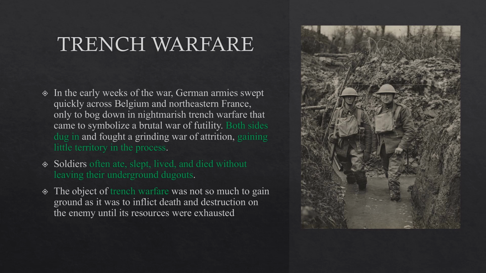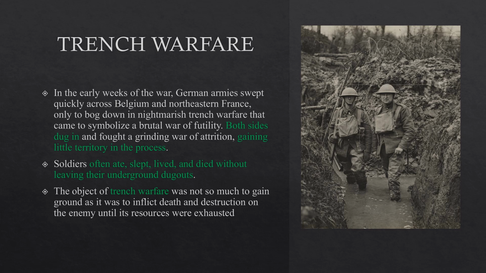Both sides dug in and fought a grinding war, sometimes gaining little territory in the process. The US ambassador in London let President Wilson know that the horror of the conflict outruns all imagination.